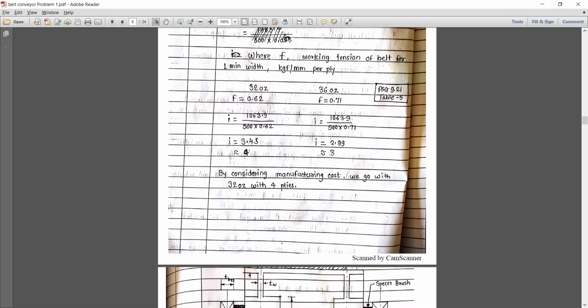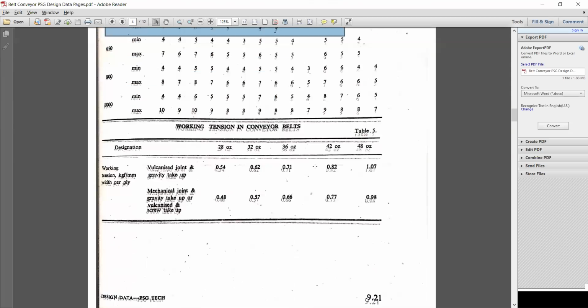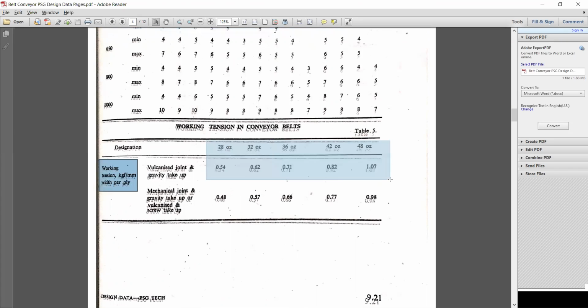So for 32 the value of F is 0.62, and for 36 the value of F is 0.71. Just look at table number 5, working tension. Here the values are given with respect to 32 and 36, 0.62 and 0.71, based on the vulcanized joint and gravity take-up condition.